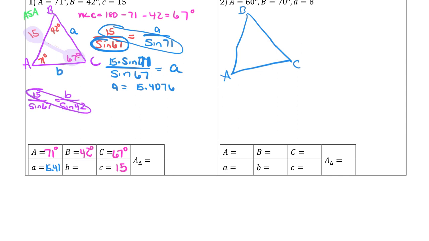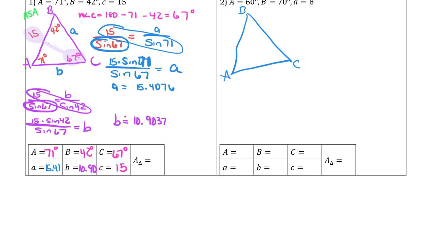I'm going to multiply those together and get 15 times sine 42 and divide by sine 67, and that's going to give me side B. I'm going to plug that in my calculator, and B is going to be approximately 10.9037, so this is 10.90.